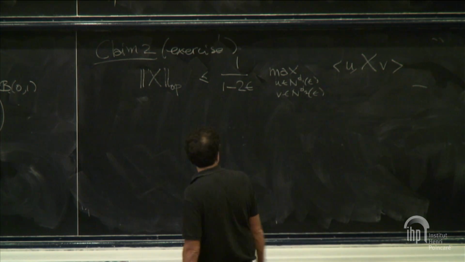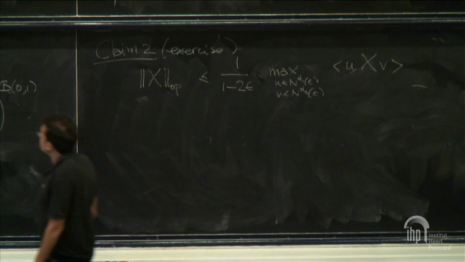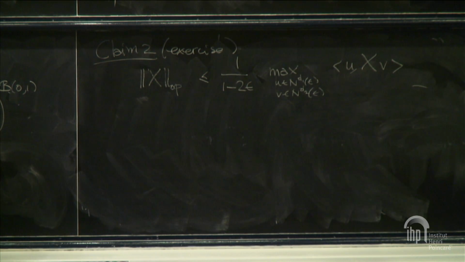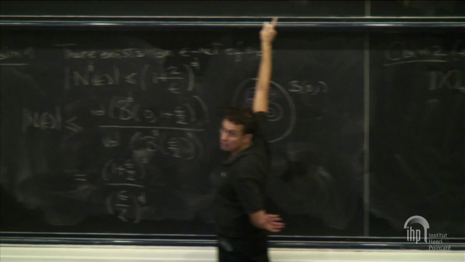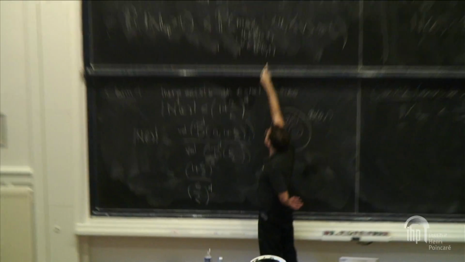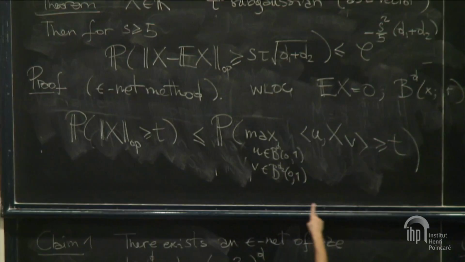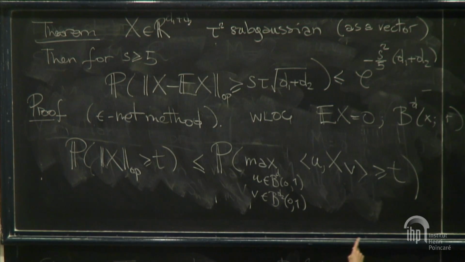Okay, so what happens with that? You can repeat exactly this proof, except that you lose a factor 1 minus 2 epsilon in the t there. Okay? Instead of putting here the maximum over the ball, you put the maximum over the epsilon net, and you lose a factor there. But now you have a finite number of points.